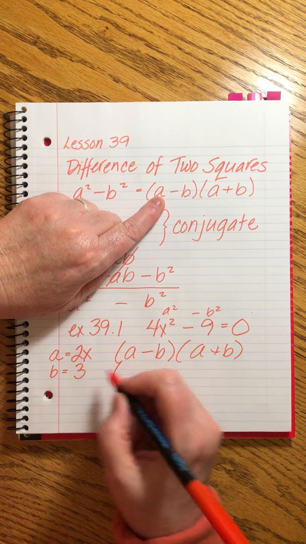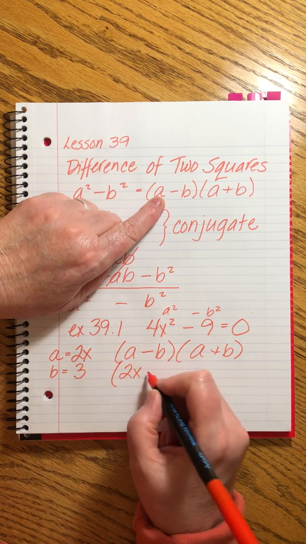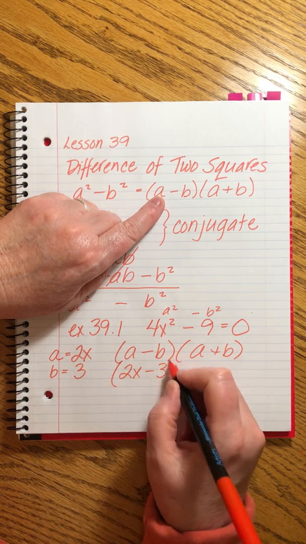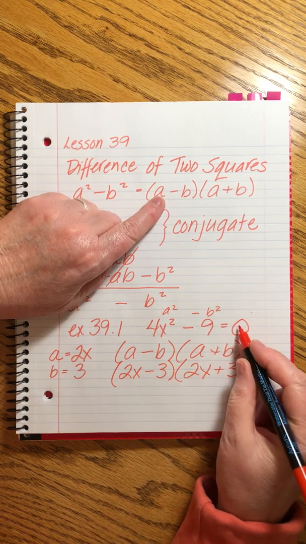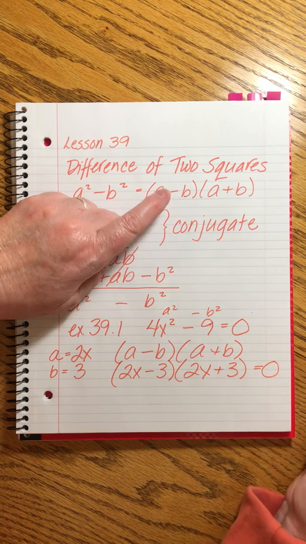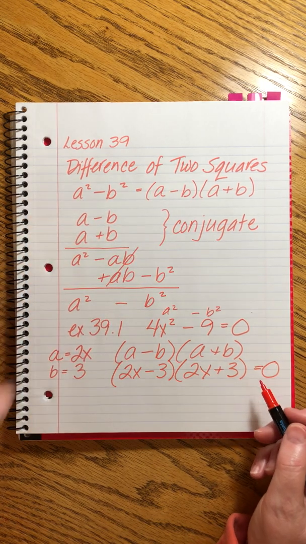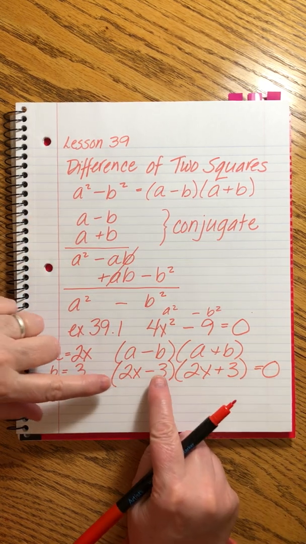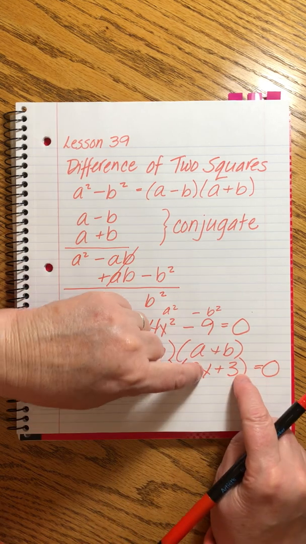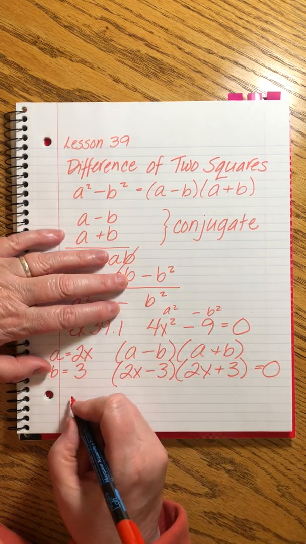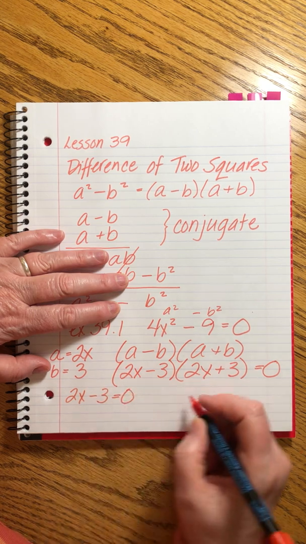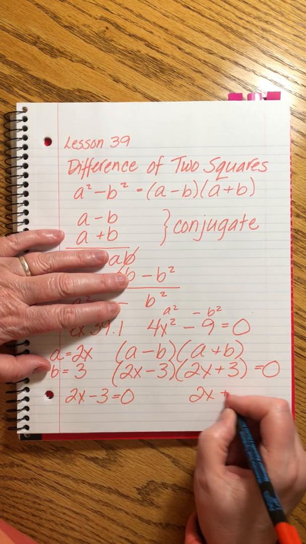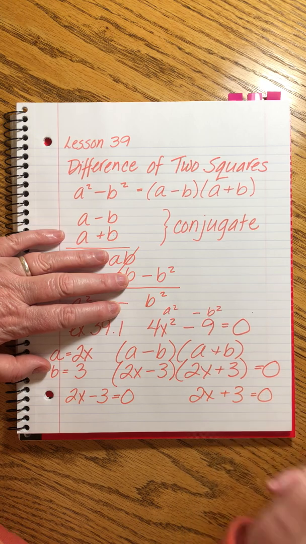And now we fill in with what our problem has for an a and a b. 2x minus 3, 2x plus 3. But this is an equation. We're not just factoring, we're solving. So this tells us, using the zero factor theorem, either this is equal to 0 or that is equal to 0. So either 2x minus 3 equals 0 or 2x plus 3 equals 0.